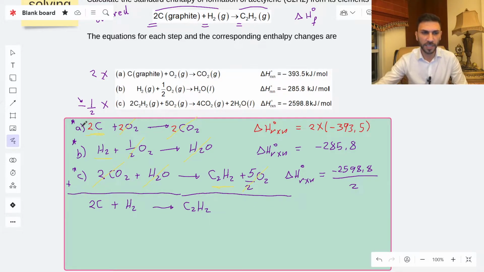Now, because we added A, B, C stars, I'm going to add also delta H for the reaction, which equals, by the calculator, 2 multiplied by 3, 9, 3.5. Here we multiply also by negative half, so the sign will change into positive.